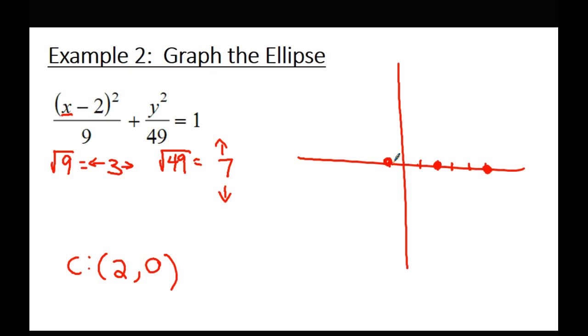And then I'm going to go up and down 7 spaces. And then we're going to do our best to connect these dots with a nice oval-like shape known as an ellipse.